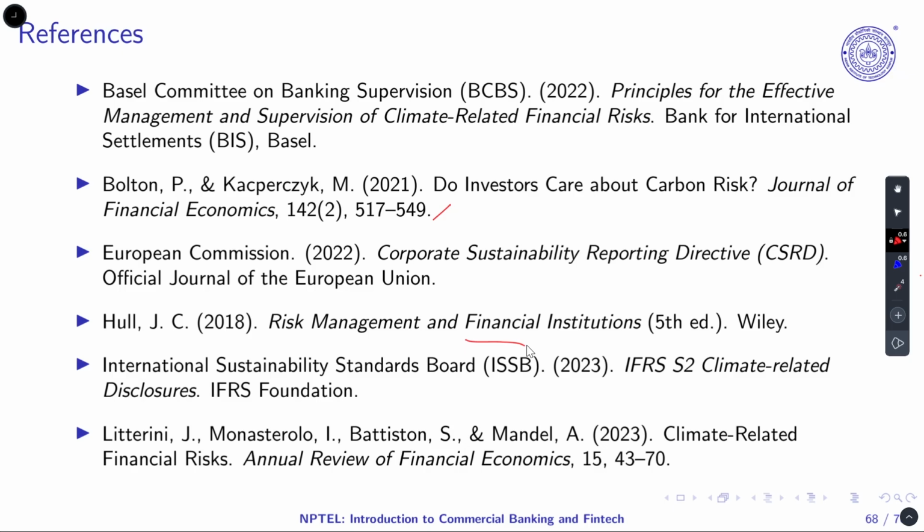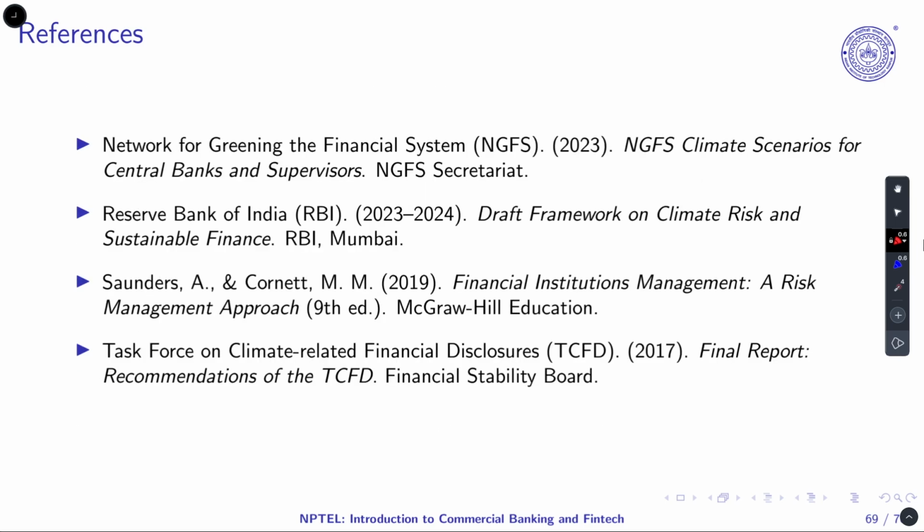Then here we have the IFRS guidelines, which also give an idea. NGFS, if you go on the NGFS website, you will find the details. On the RBI website, we have climate risk and sustainable finance, and Saunders also has the book on financial institution management. It also gives, and TCFD guidelines for 2017. This report is fully downloadable, and you can read in detail and understand.